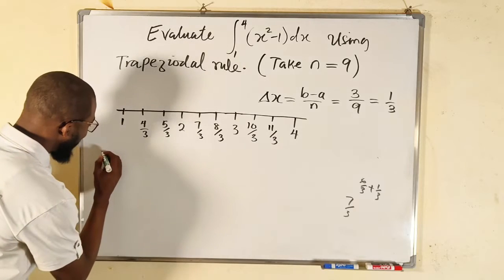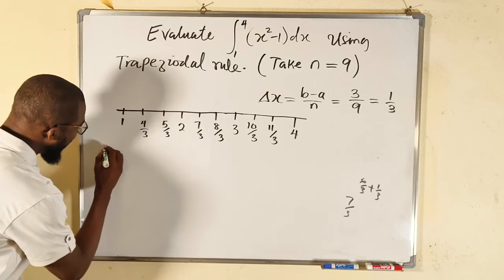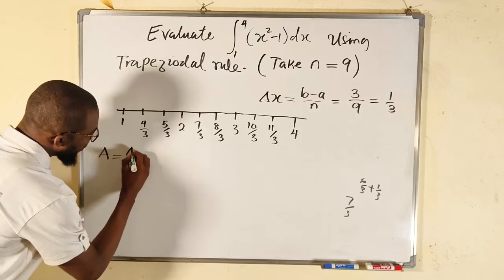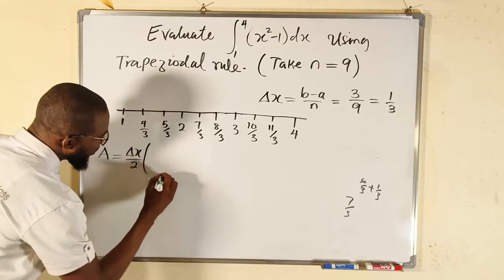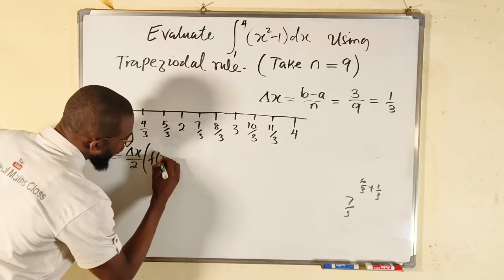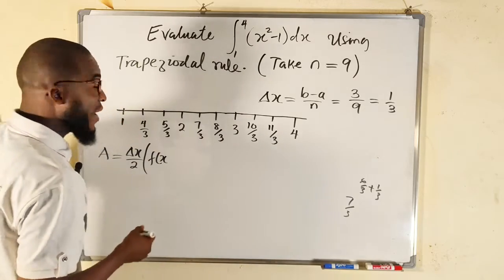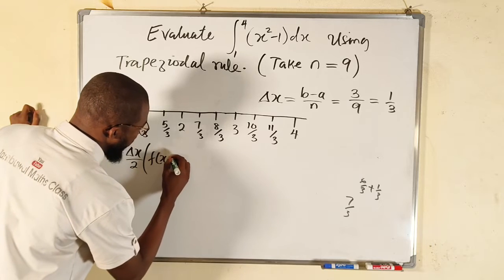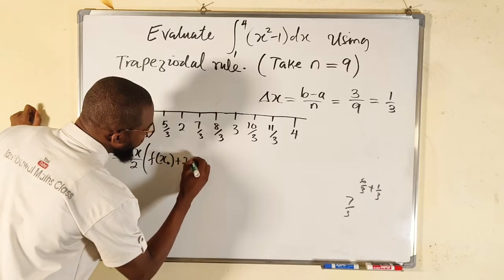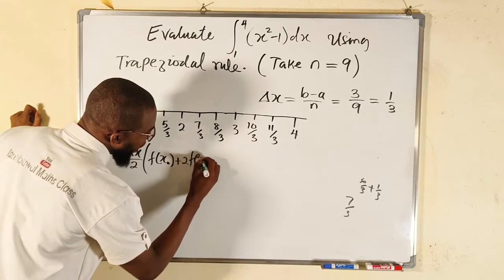So the formula is what? Area is equal to delta x divided by 2, then multiply by f of x1, or you can start with f of x0, we mean this one. Then plus 2 multiplied by f of x1.